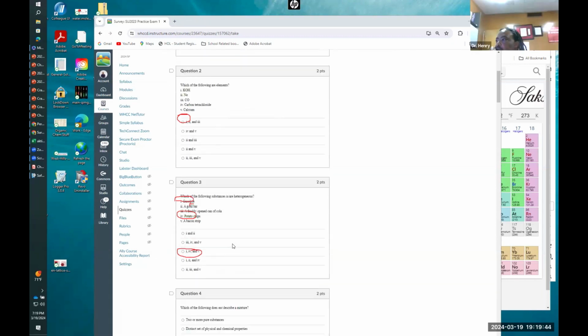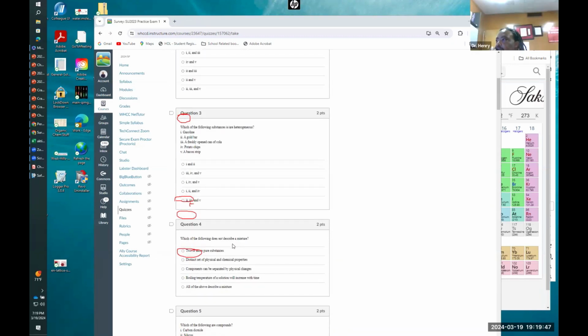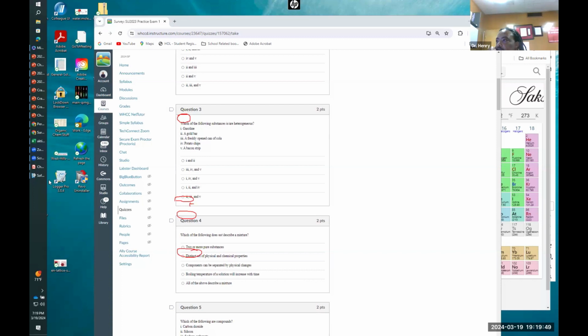Okay. What about number three? It says, which of the following substances is/are heterogeneous? Gasoline, a Milky Way bar, a freshly opened can of Coca-Cola, potato chips, a strip of bacon.